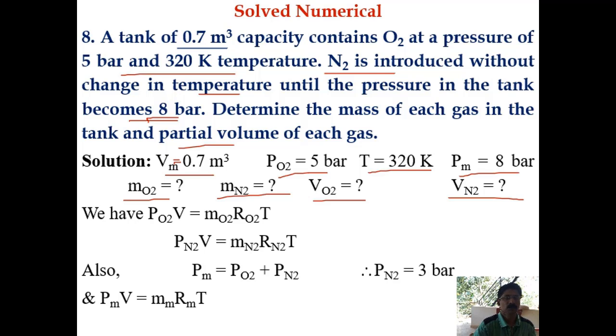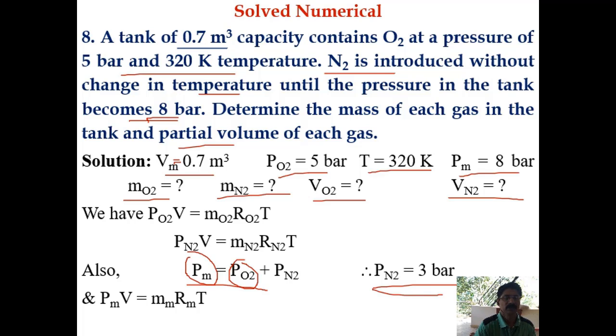Now you know that the total pressure of the mixture is the summation of the partial pressures of oxygen and nitrogen. Because Pm is 8 bar and PO2 is 5 bar, you can find the partial pressure of nitrogen as 3 bar.